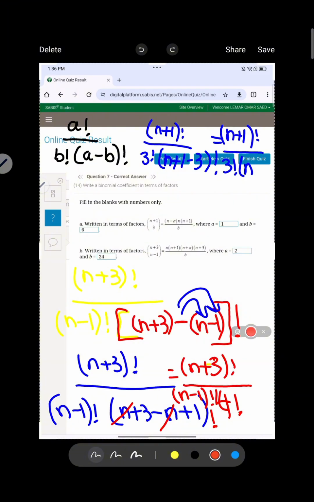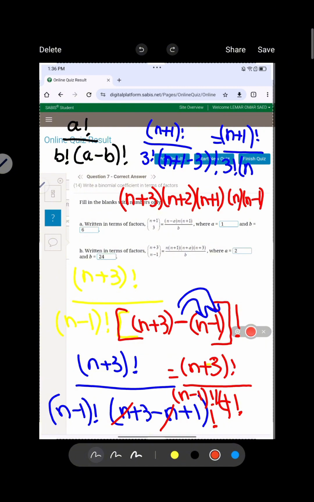Yeah. So now you have to get n plus 3 to n minus 1. So n plus 3, n plus 2, n plus 1, and then n minus 1 factorial. Like usual, I don't write the factorial at the end for some reason. Just put 4 factorial and n minus 1 factorial.